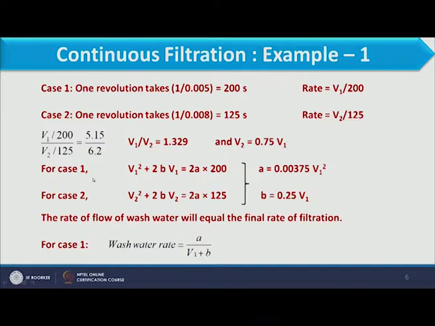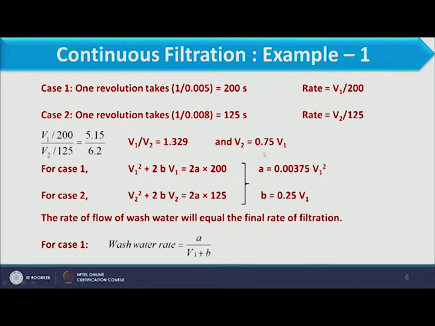Now in the previous slide we derived the expression of volume and time, and that expression was V square by 2 plus BV equals AT. Now for case 1, V1 square plus 2B V1 equals 2A into 200, and similarly for case 2 it should be V2 square plus 2B V2 equals 2A into 125.